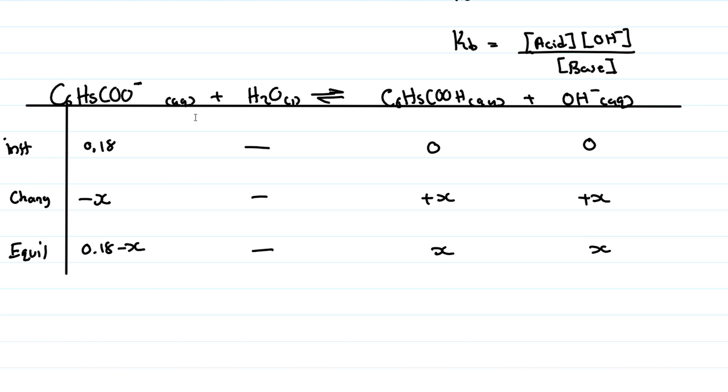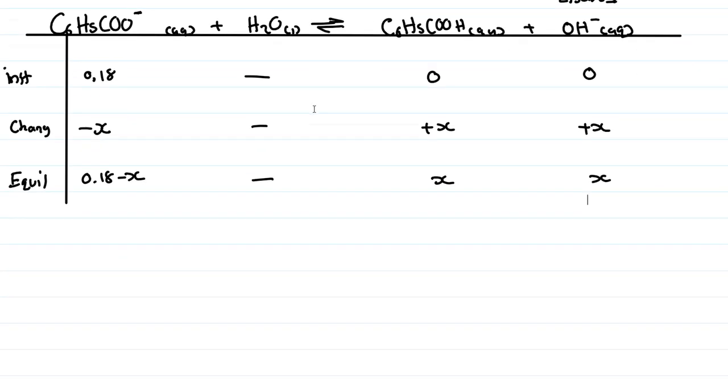Now we have to find the hydroxide concentration. How are we going to get that? We already have the Kb expression, which is the concentration of the acid, multiplied by the concentration of the hydroxide divided by the concentration of the base.